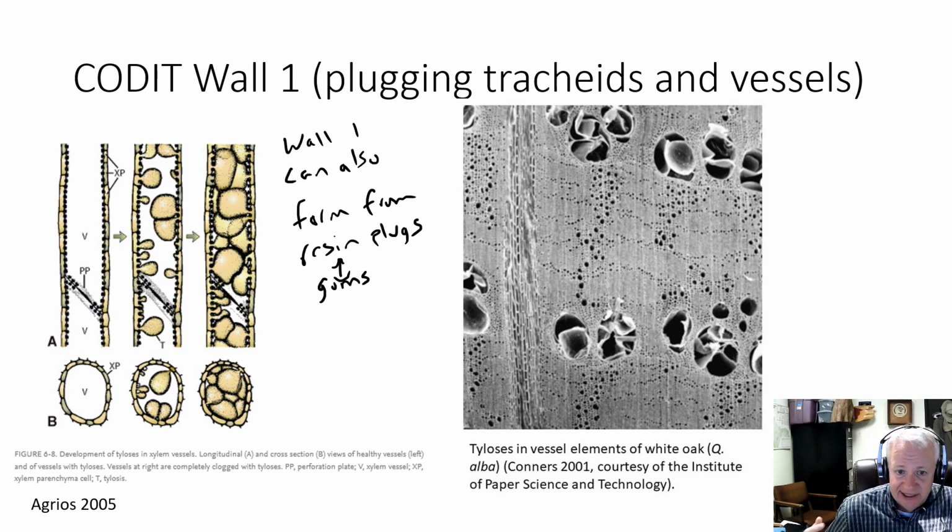Tyloses are an active biological growth into the vessel elements, while resins would probably be more specific to gymnosperms, where resins are exuded into tracheids and serve as a blockage. Gums are another chemical that may be produced in other angiosperms that can also be used to form wall 1.